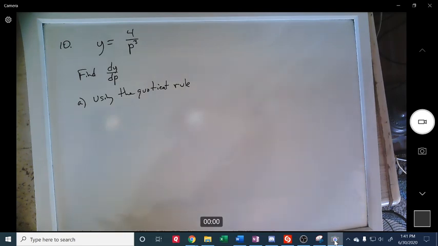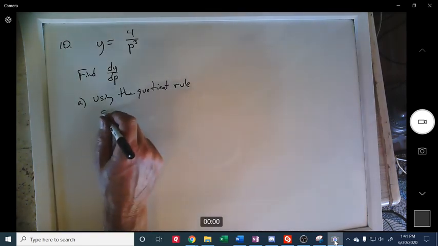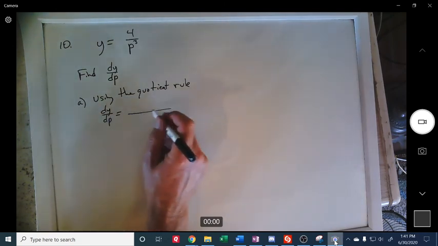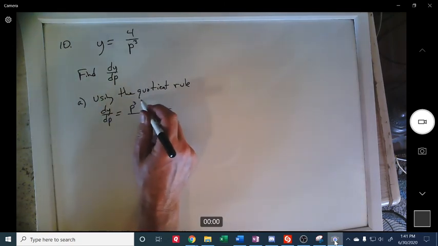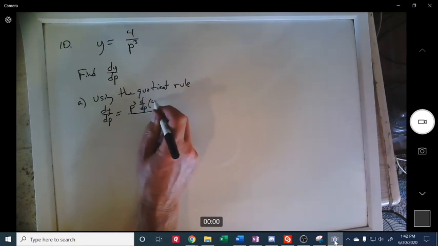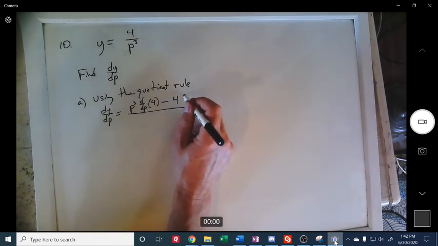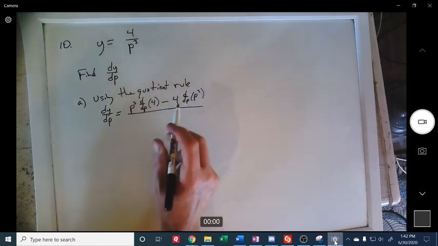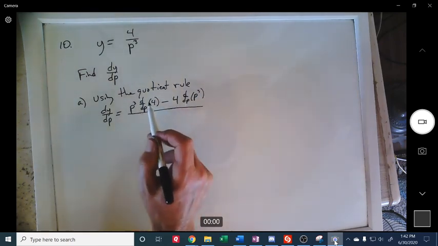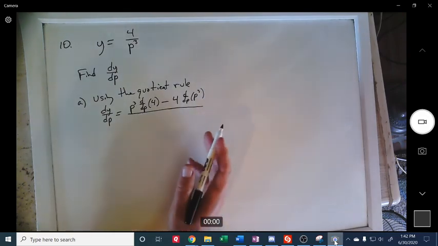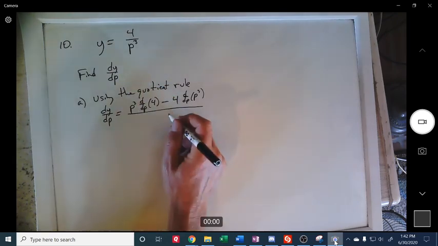Okay, let me have you stop. Didn't get all the way, that's fine. Say dy dp is bottom times the derivative of the top minus the top times the derivative of the bottom. Now, you could have just written what the derivative of 4 was, which is 0, and derivative of p cubed, which is 3p squared. But I'm just writing out all the steps.